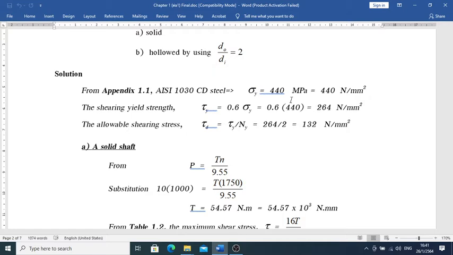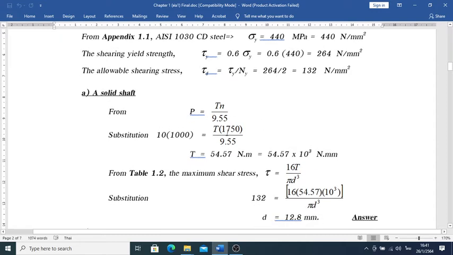And then tau design is given with n sub y equal to 2, so the tau design is equal to 132, respectively. That is for the solid shaft, part A given by the problem set.